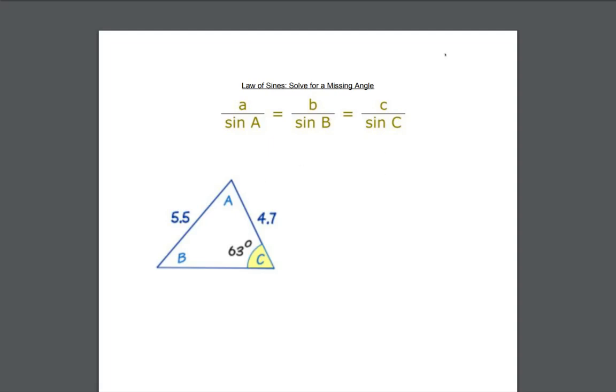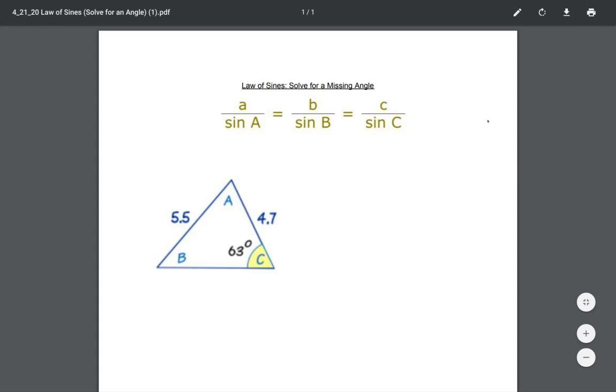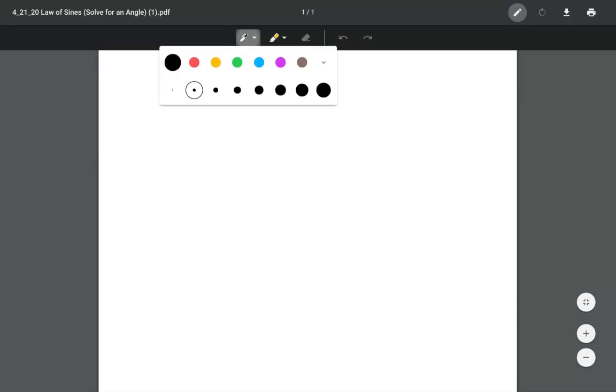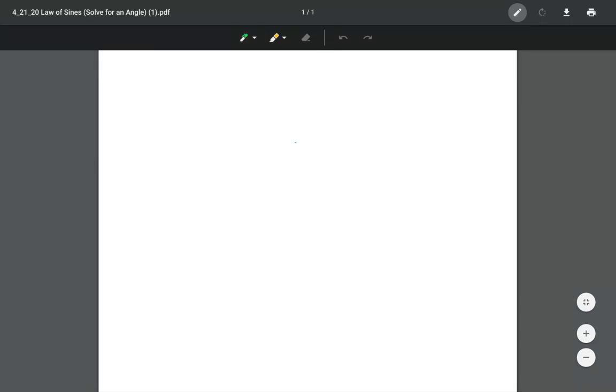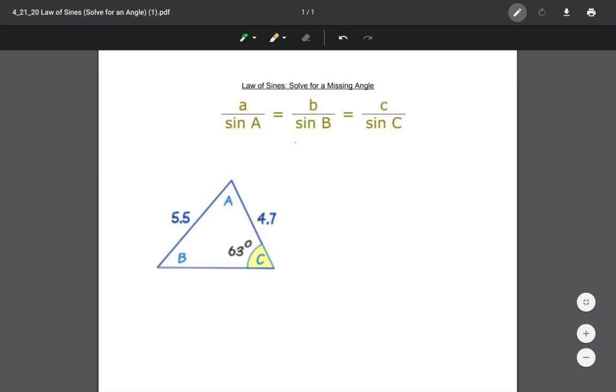So let me just get that marked up for you here. This is side length c on this side, because it is opposite of the given angle C. We know that opposite of A, this would be side length a, and that the 4.7 is the side length b, lowercase b.